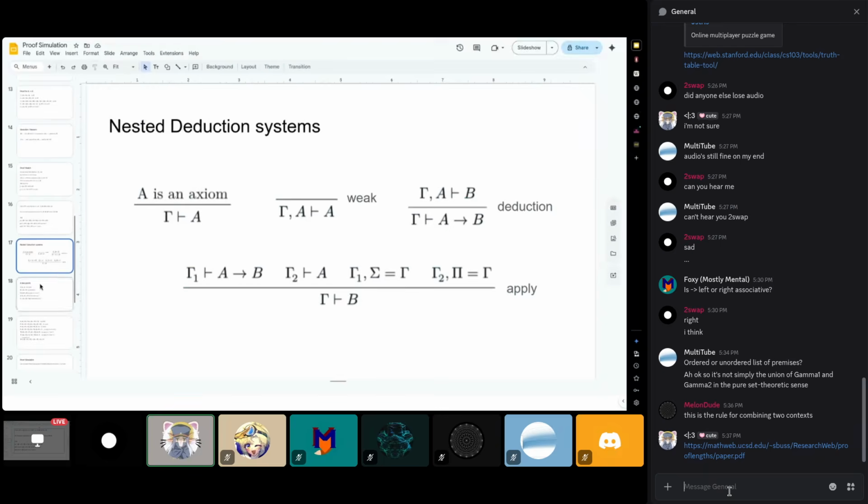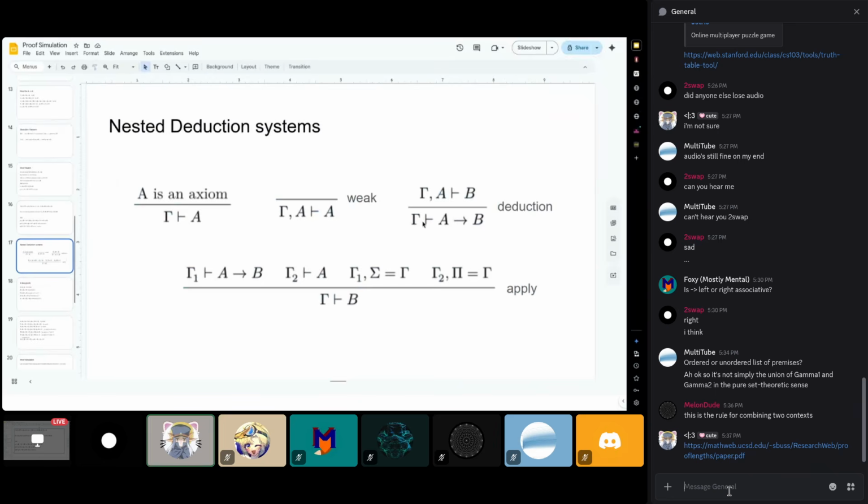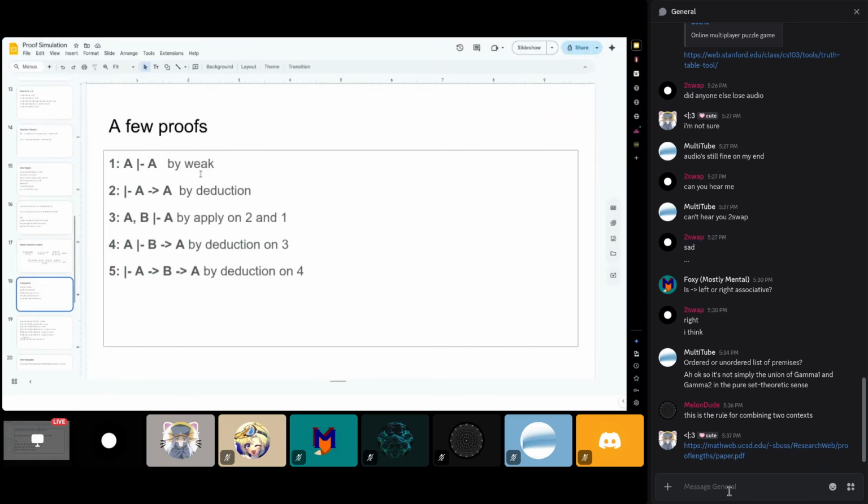So by this rule here, we can say that from context A, we can derive A. And then by this rule here, we have A implies A. So, sorry, from A, we can derive A. So from the empty context, we can derive A implies A. That's what the deduction rule does.